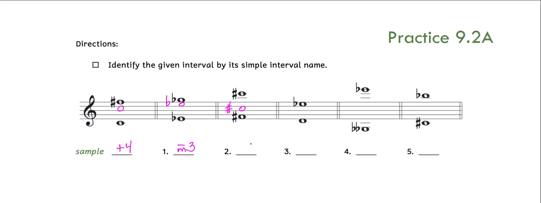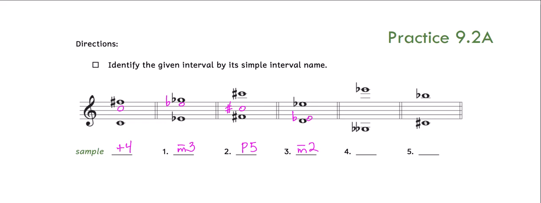F to C is a fifth. The notes are not B to F, the accidentals match, so this is a perfect fifth. Number 3, I'll move this E flat down here. This is a second. D to E flat is a half step, so this is a minor second.